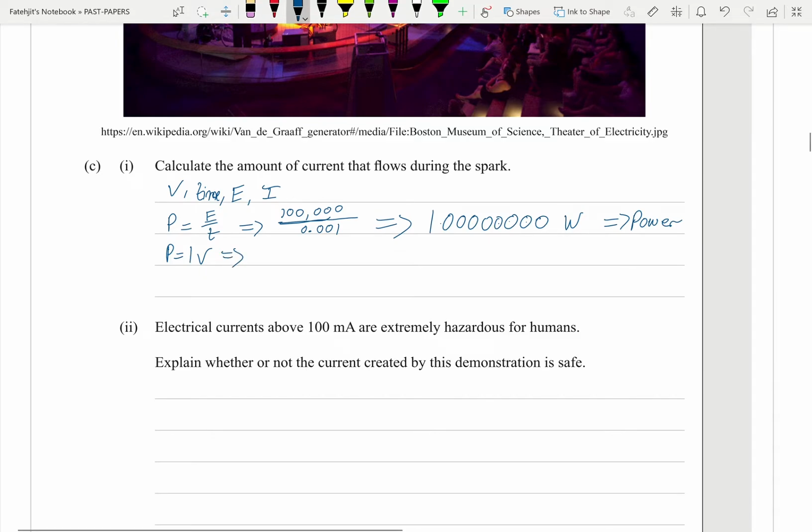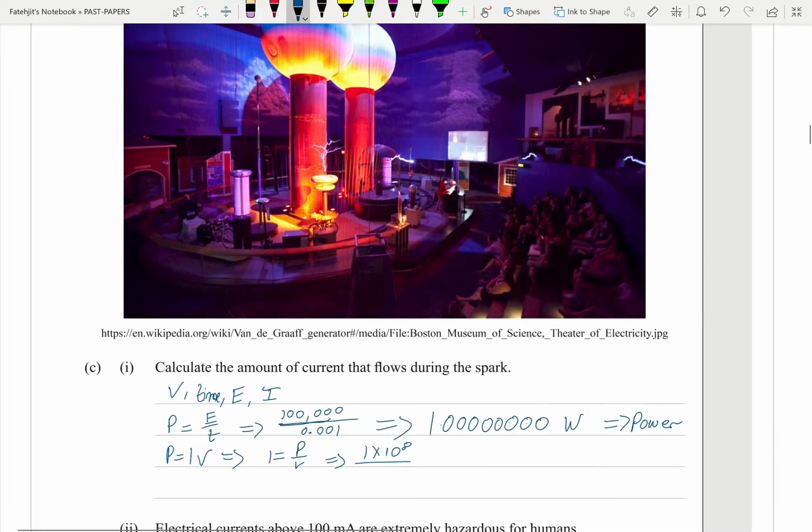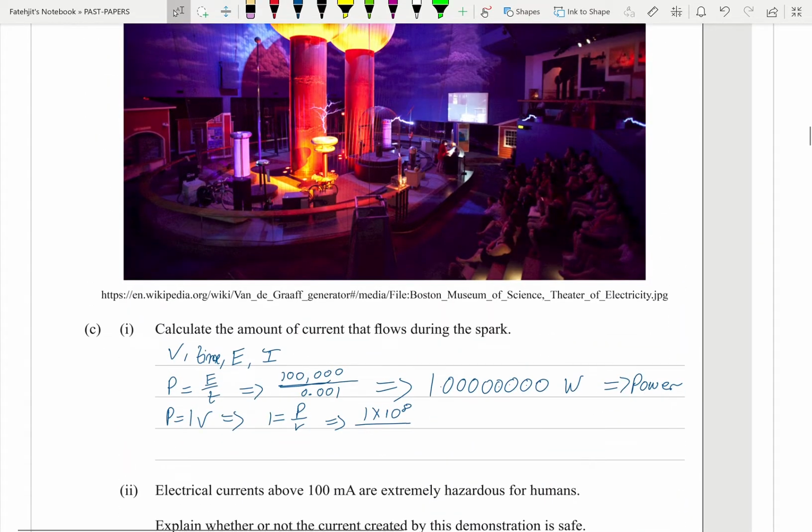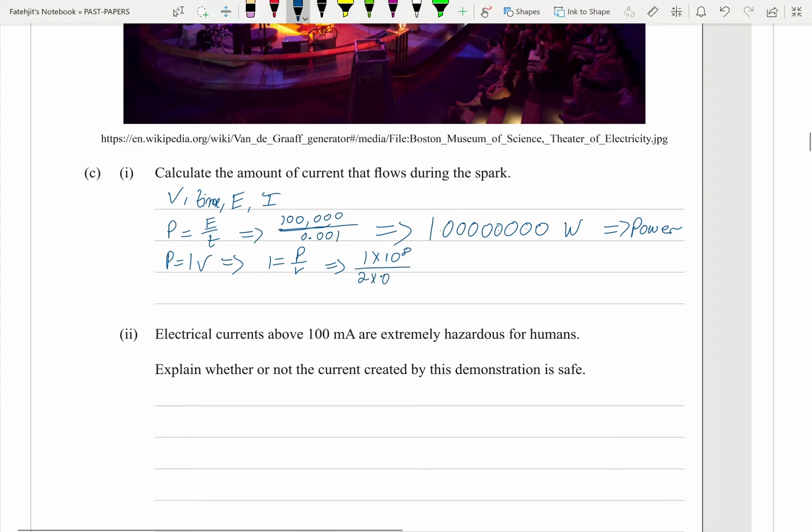P equals IV rearranges to give us, looking for I, I equals P over V. The power we got is 1 times 10 to the power of 8, over the voltage, which is 2 times 10 to the power of 6, and that should give us the current. Putting that into your calculator should give you 50 amps. And that is the answer.